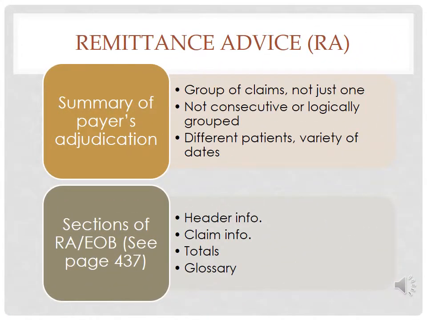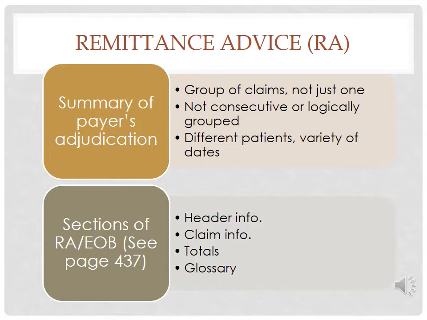So the remittance advice is just a summary of the payer's adjudication process and what they decided. It includes information on what was charged, what the amount is allowed under the plan, what coinsurance the patient may be responsible for, if any, and it explains the amount paid for each service and the total amount paid to the provider.